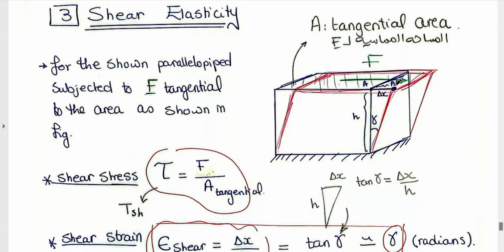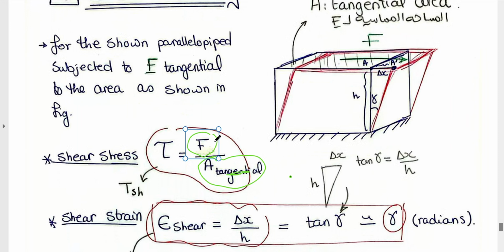In this case, we define the shear stress as the force per unit tangential area. In this situation, we use the tangential area, not the perpendicular. So the definition of shear stress is force per unit tangential area.